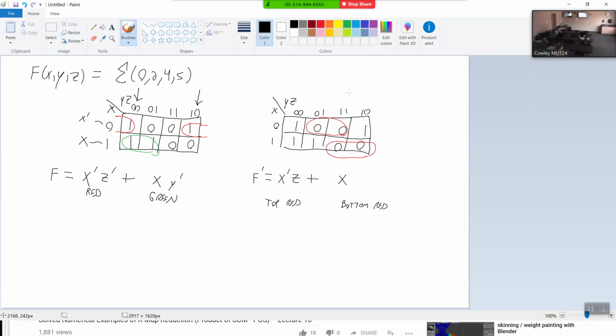Z, because in this column z is equal to 1 and in this column z is equal to 0. So the z's drop away. The y is the same, y is equal to 1 in both. So what would I put down here? Y. Okay.